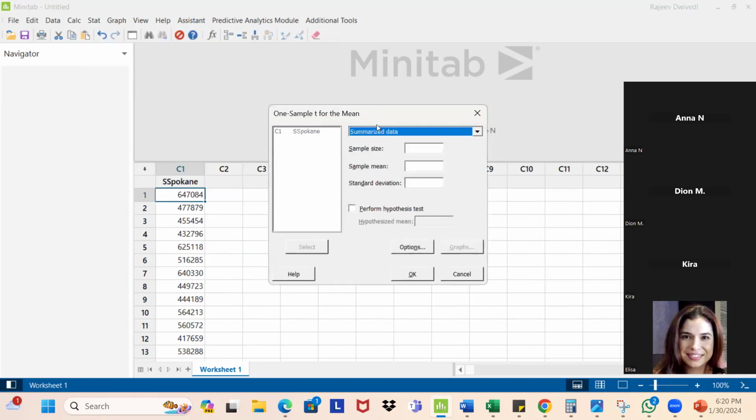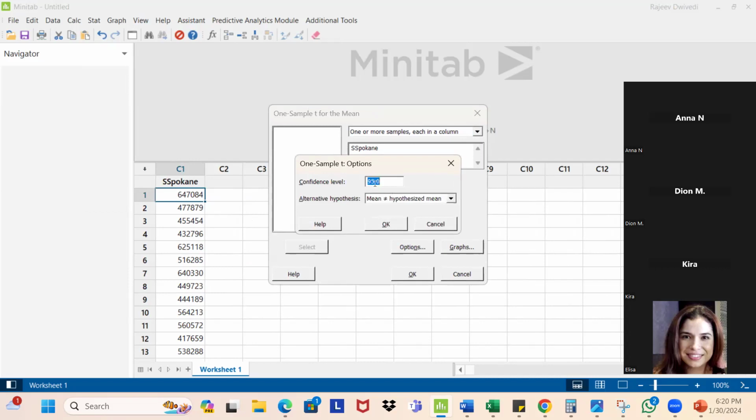So now this is data, and like I said, the hypothesis value is 500,000.